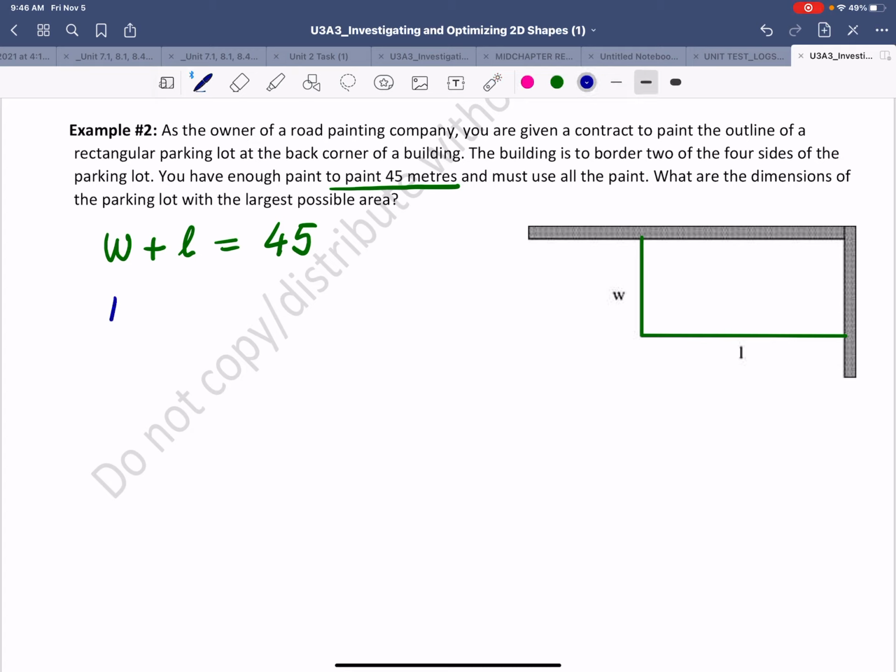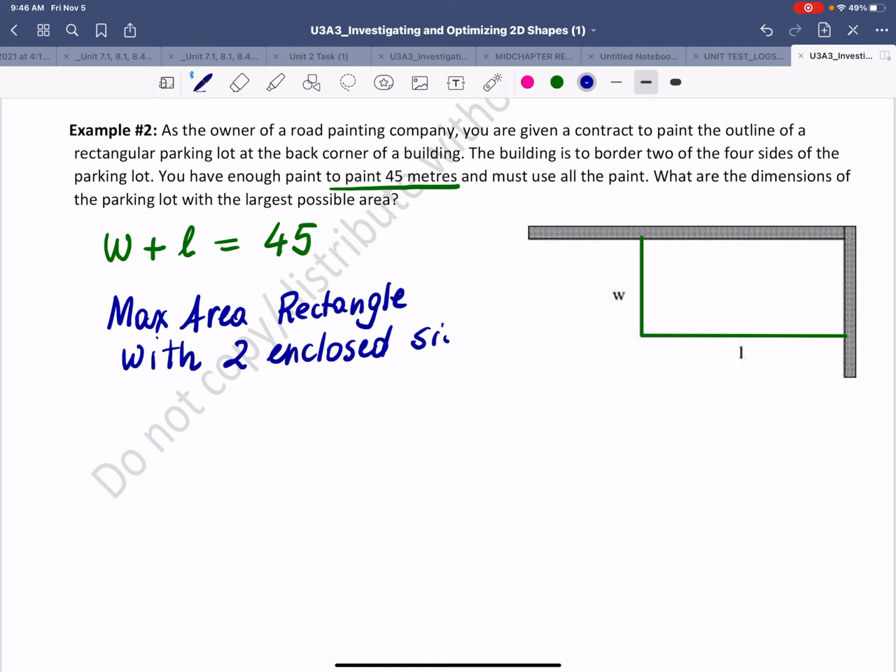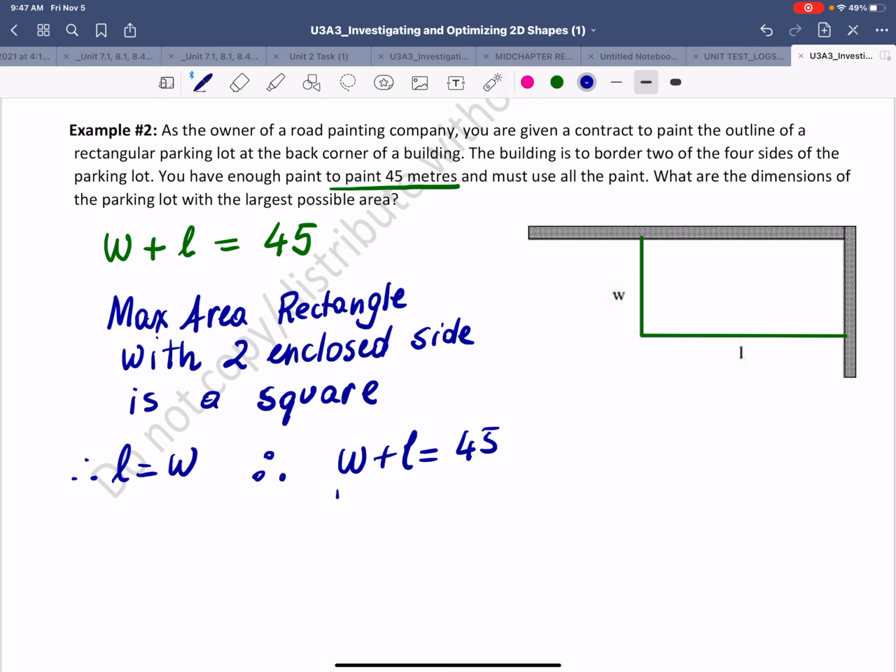We know that the maximum possible area of a rectangle with only 2 sides, so with 2 enclosed sides, is in the shape of a square, which means that we're going to want length to equal W, which means that the perimeter W plus length equals 45 is the same as saying W plus W equals 45.